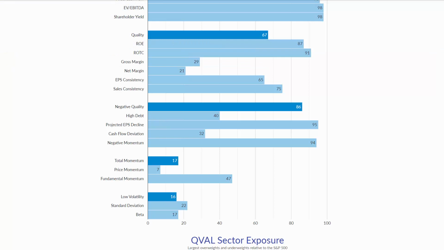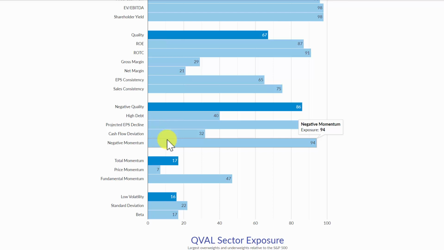So this is the one time where the bar being over to the right is actually a bad thing. And so in this case, it has relatively high negative quality, but high on some factors and not high on others. And this is what you see with most value funds. Most value funds, in order to buy really cheap stocks, you have to sacrifice to some degree on some of these negative quality things, because stocks that are doing great and growing earnings consistently typically are not cheap.